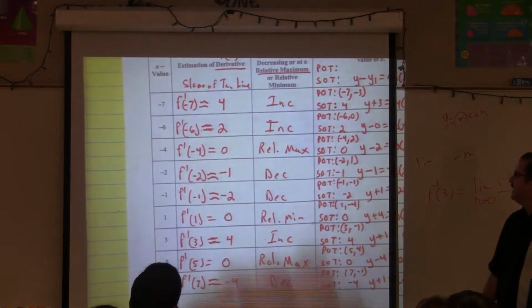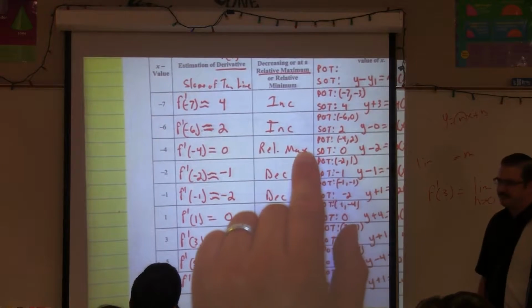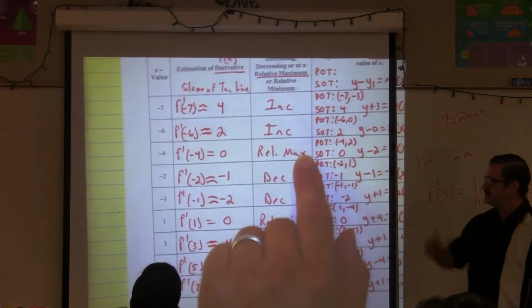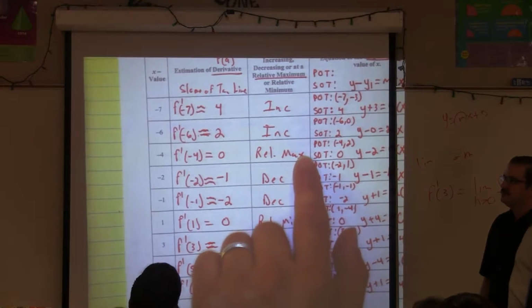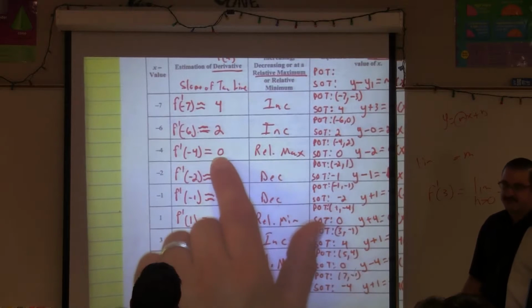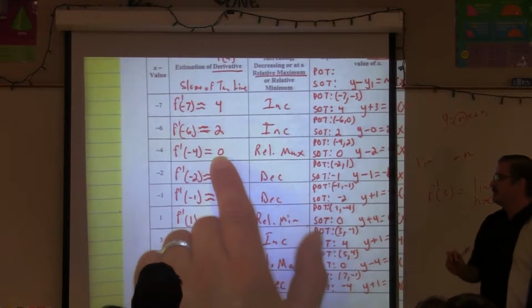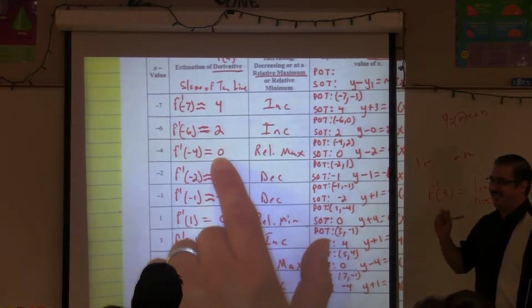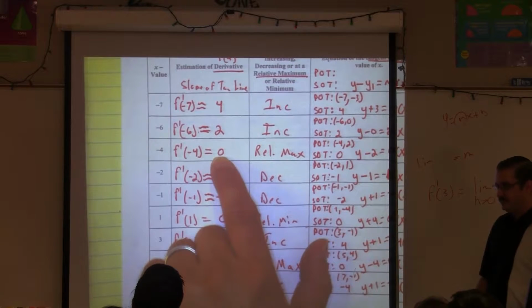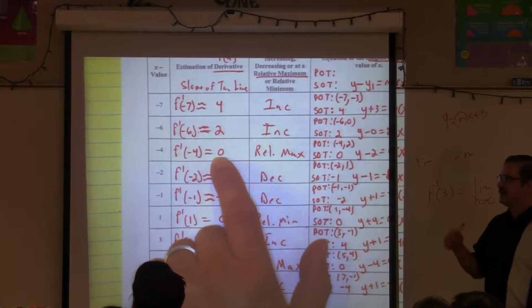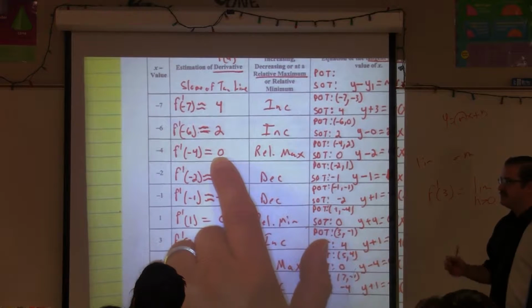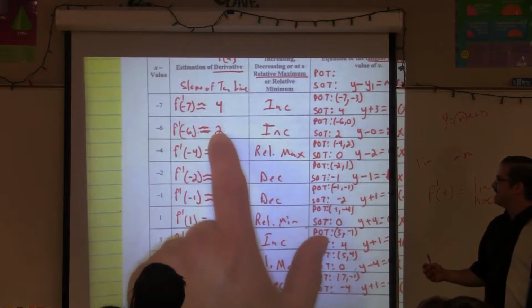Very good. Okay. How could we say we have a maximum? What had to be true first? First, they were increasing on one side. The derivative had to equal to what? To 0. That's the first thing, right? And one side has to be increasing, one side has to be decreasing. Okay, so remember calculus is the study of what? Change, right? So the derivative has to change from what?